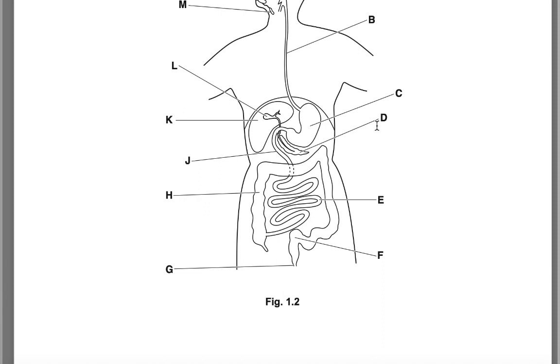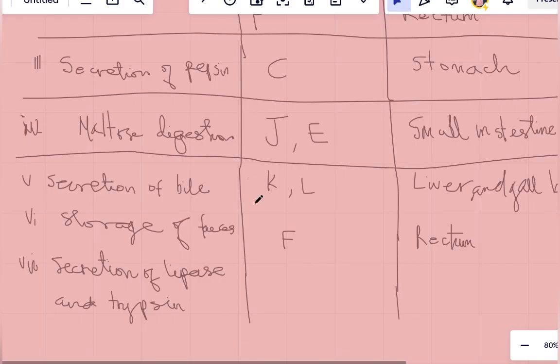This letter D looks like the pancreas. So that's the one secreting the lipase and the trypsin. So the letter is D, and the name is called pancreas.